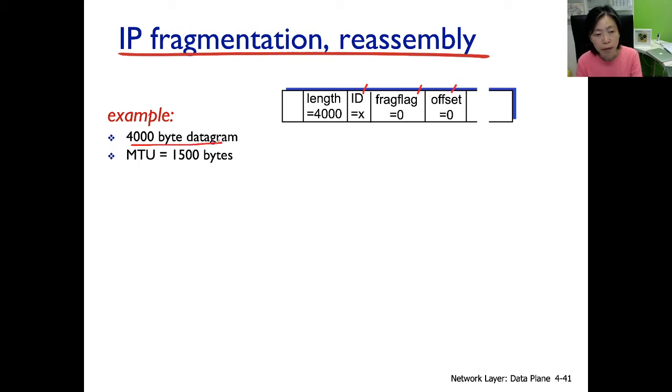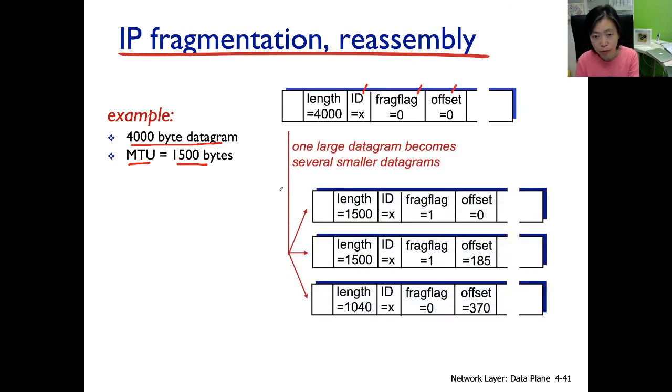The example says we have a large datagram of 4,000 bytes, and we're running into a link with MTU being 1,500 bytes. So let me show you the result. This large datagram is now fragmented into three smaller datagrams here. And 1,500 is the maximum transfer unit size, so each is less than 1,500.